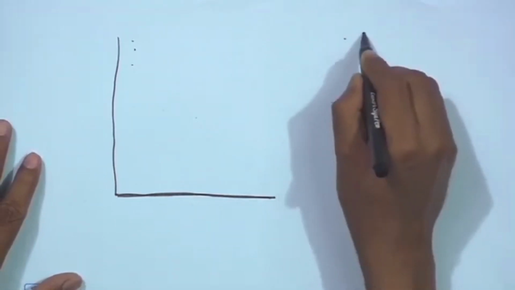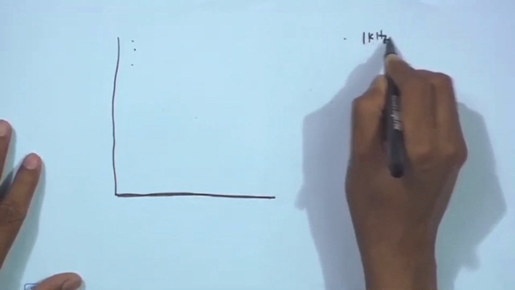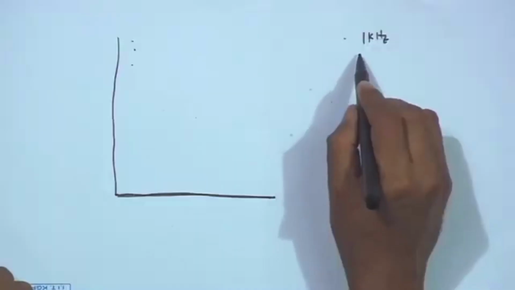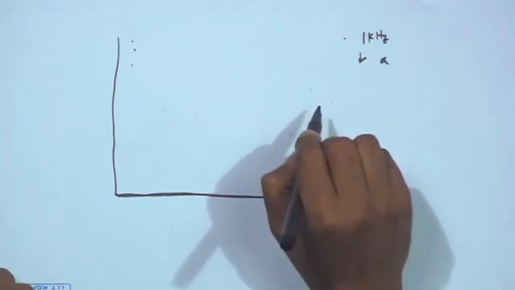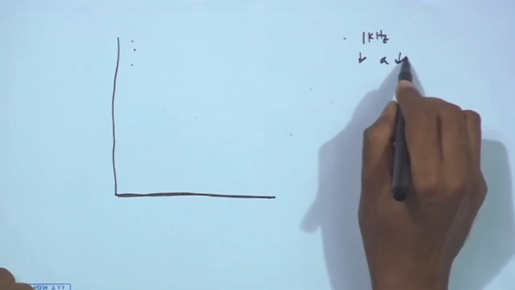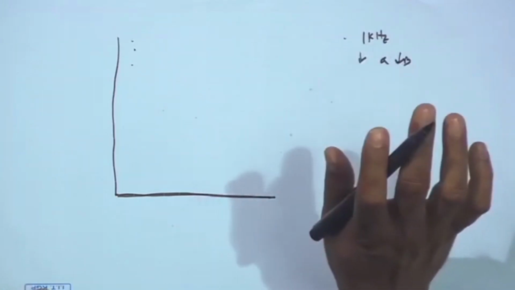So, I take a 1 kilohertz acoustical signal, or an equal loudness curve. Let us say a 1 kilohertz signal. Then I take intensity A dB and produce the sound, and listeners perceive it.